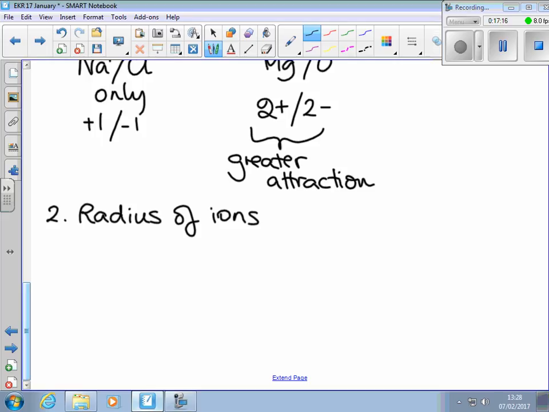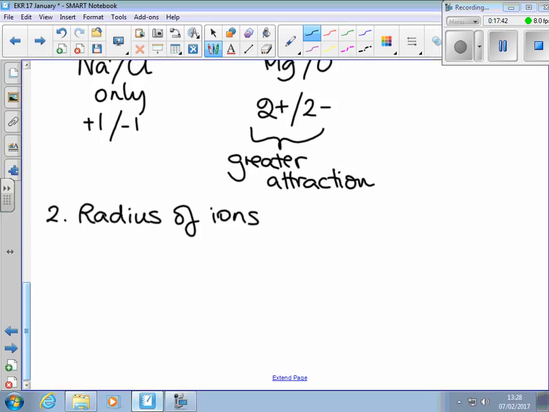But what is still different between them? The number of protons. Which one has the most protons? The magnesium. So that is going to exert a greater attraction on the remaining electrons, so it will pull them in more. So the magnesium ion is the smaller of the two.